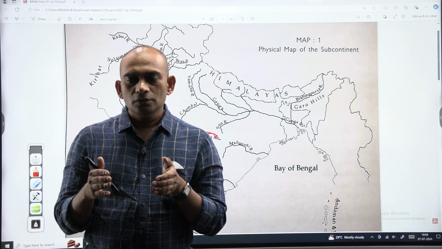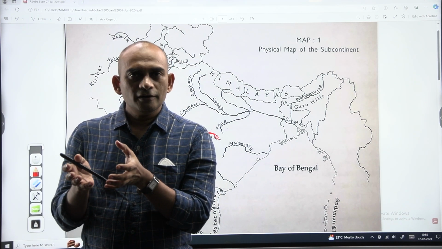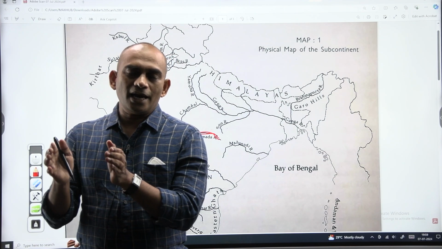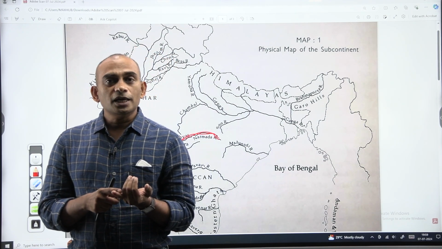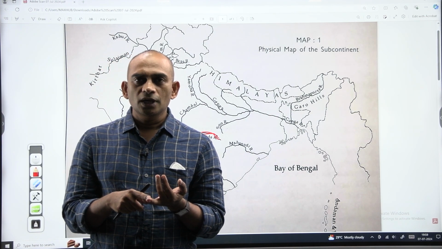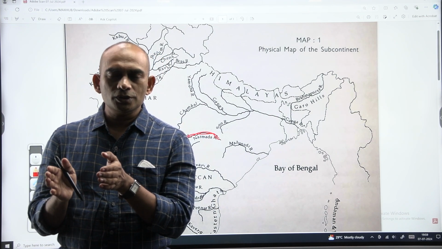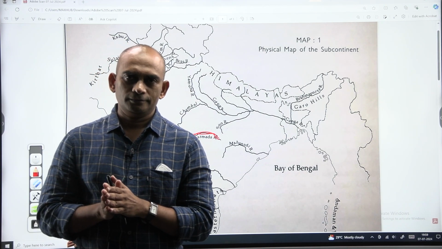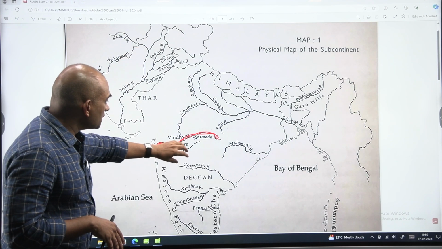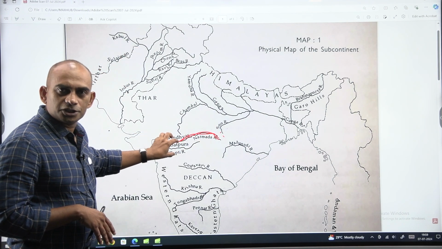They used to gather their food, which means they were skilled gatherers. They gathered roots, fruits, and other forest produce for their food. They even hunted animals. This is about the Narmada region.